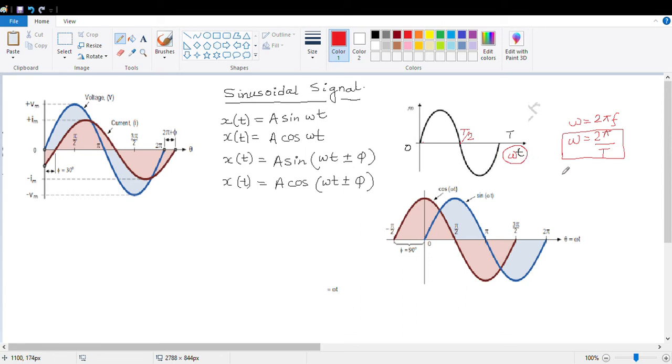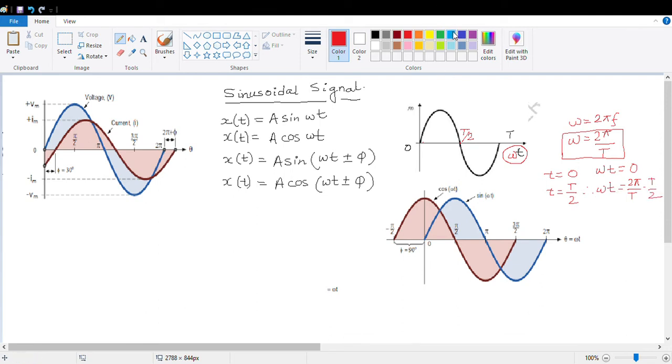Let's see. When the value of t is equal to 0, omega t is also equal to 0. Now when t is equal to capital T by 2, what will be the value of omega t? You put the value of omega here. Omega is 2π by capital T, and t is capital T by 2.